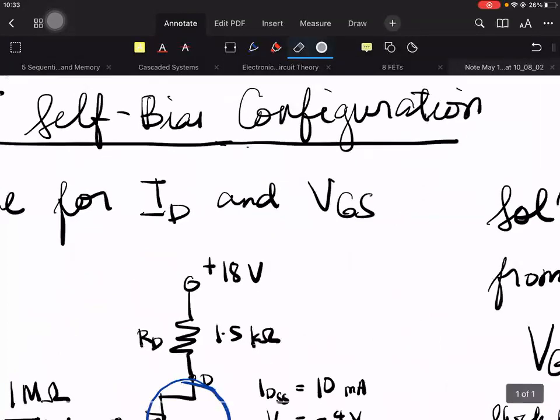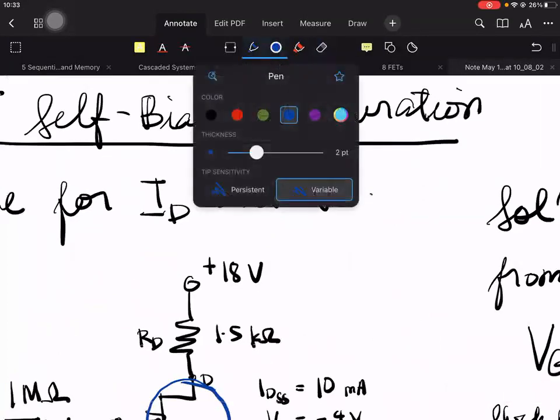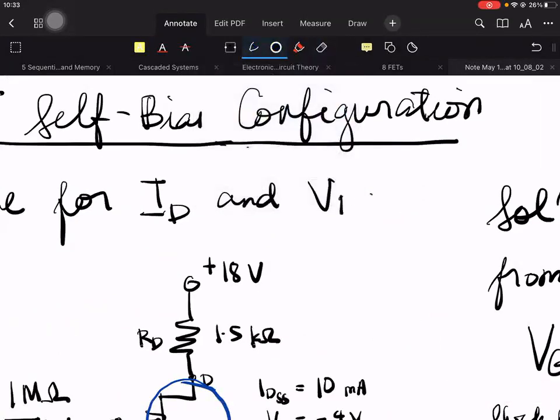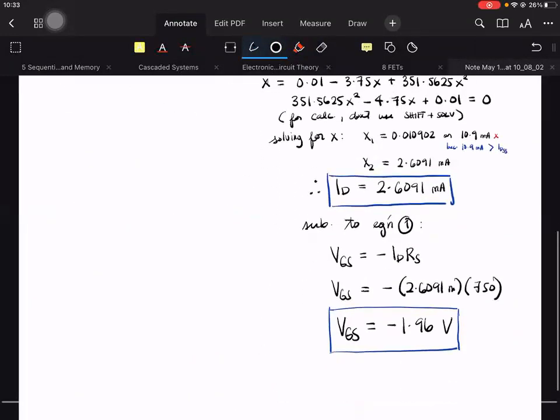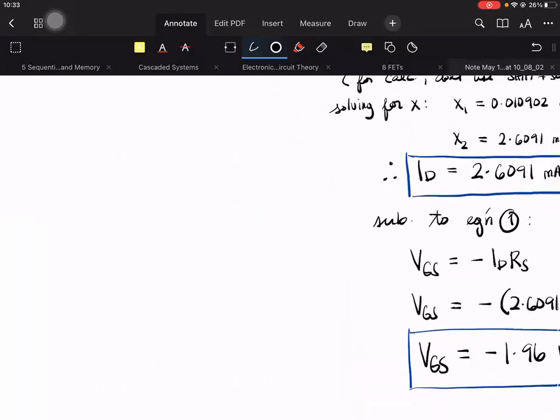Solving for VDS, it is equal to VDD minus ID times RD plus RS.